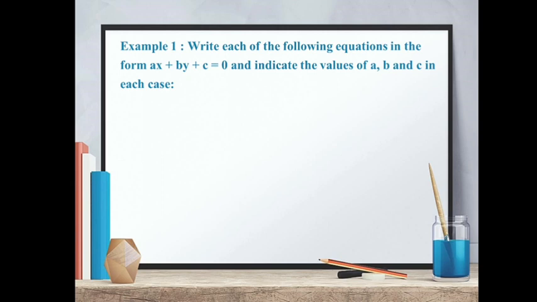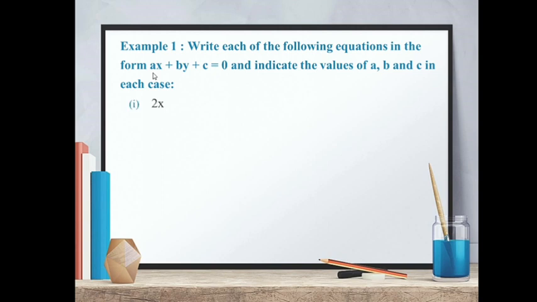In this example, we have to find the values of a, b and c, writing the equation in the form ax plus by plus c equals 0, and this form is nothing but the linear equation in two variables.